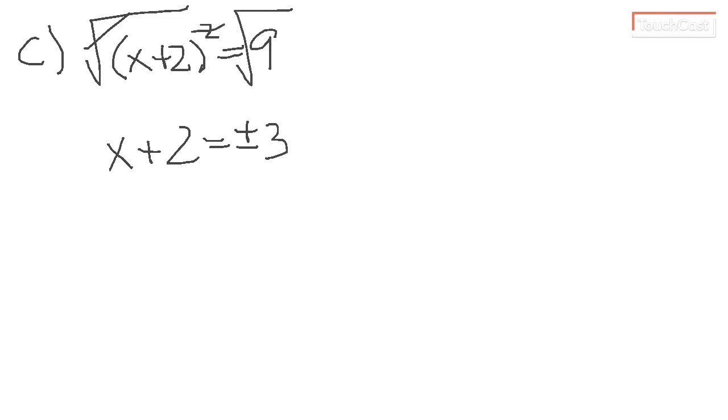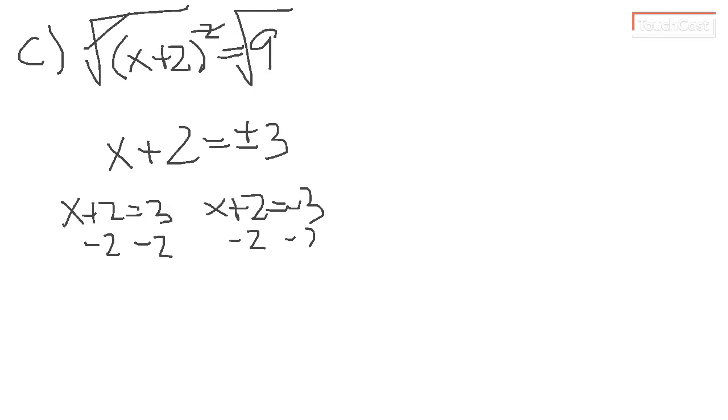So in this case, we're not quite done once we take the square root. We've got one more step. We have to go x plus 2 equals positive 3 and x plus 2 equals negative 3 and continue solving. So we're going to subtract 2 in both cases.